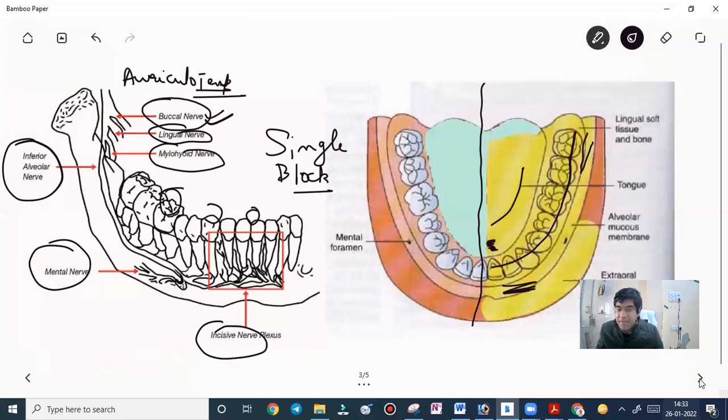So when should we give this block? When buccal soft tissue anesthesia from the third molar to the midline is required. And why is Gow Gates a must? When the conventional inferior alveolar nerve block is unsuccessful.